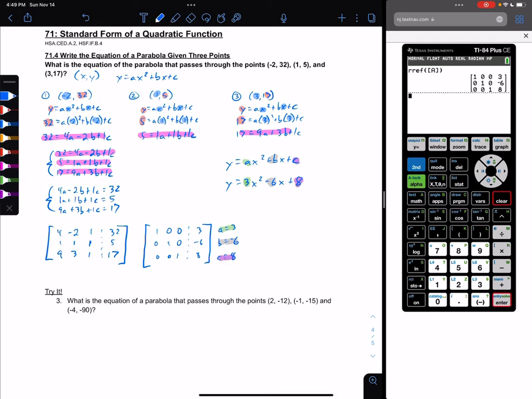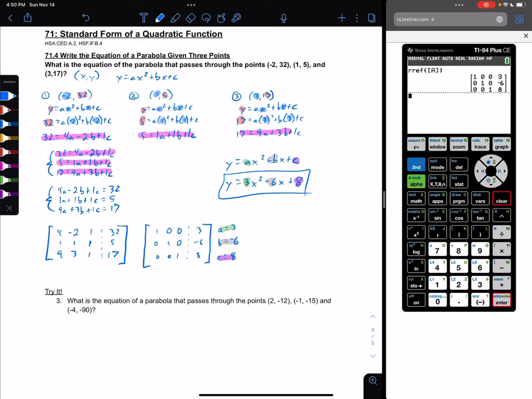And I now have my solution. So y would be equal to 3x squared minus 6x plus 8. Sorry about that. That answers the question of what is the equation of the parabola that passes through the points (-2, 32), (1, 5), and (3, 17).